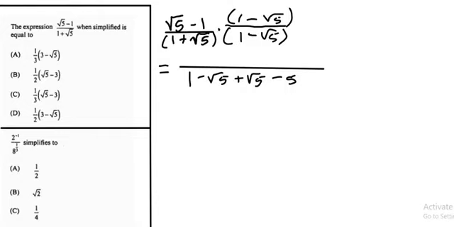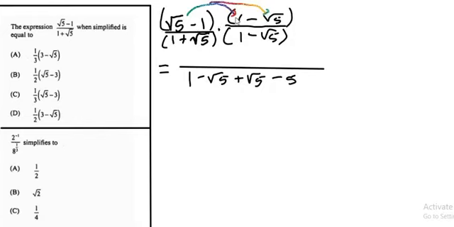Alright, so next we're going to go to the top. We have root 5 minus 1. So we're going to multiply root 5 minus 1 by the other numerator, which is 1 minus root 5. So similarly, we're going to use distributive law. We go to root 5 by 1, then root 5 by minus root 5.